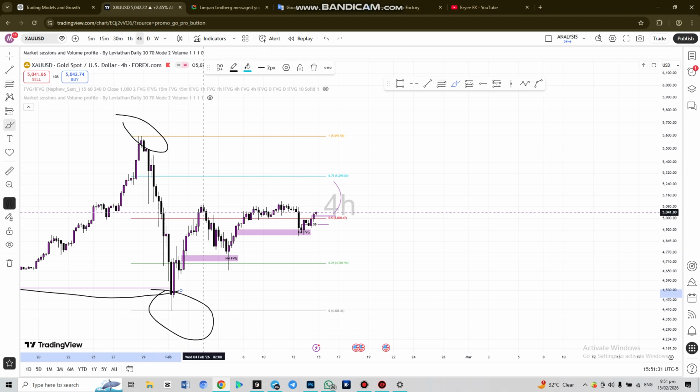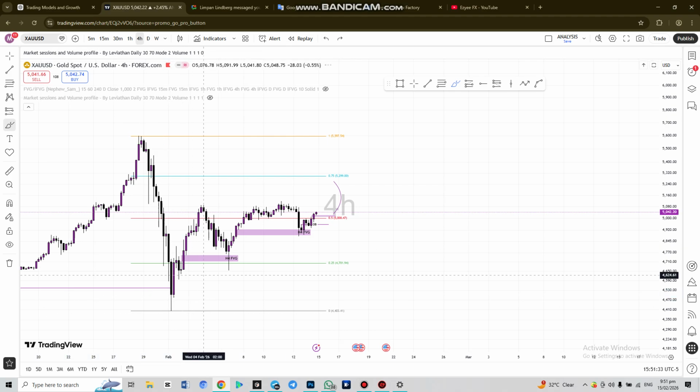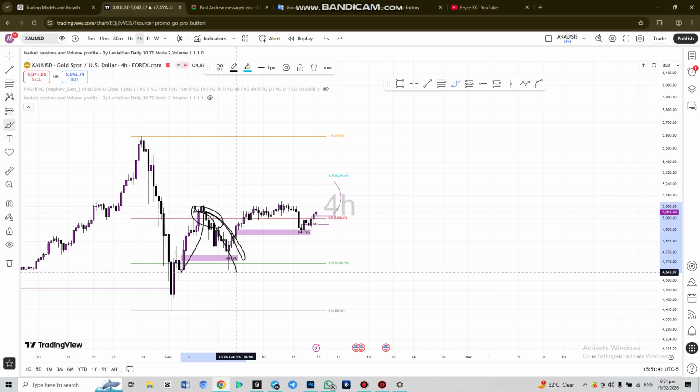Inside this range, price traded upward to the 50% of this fair value gap, then fell back into this 4-hour fair value gap, then traded up again into the 50% level, then created a fair value gap. Price merely filled the fair value gap. This is on Thursday 12, and this too.